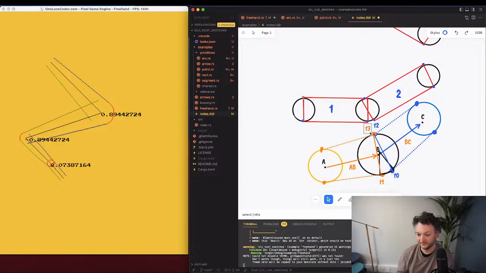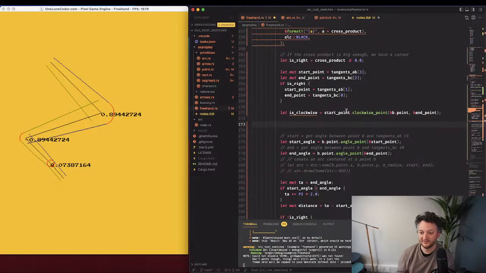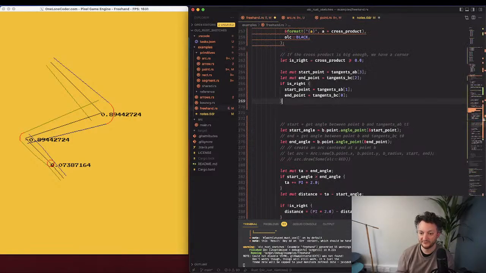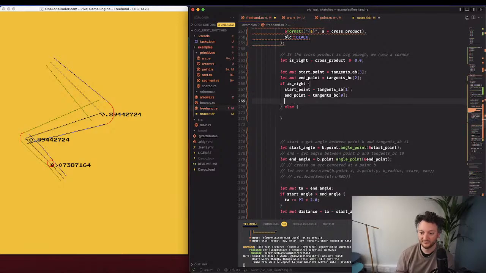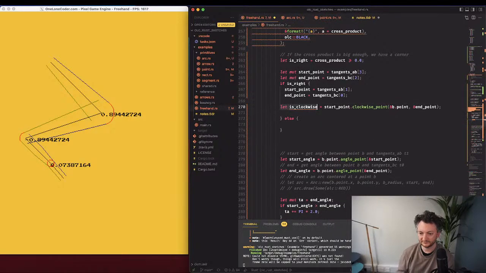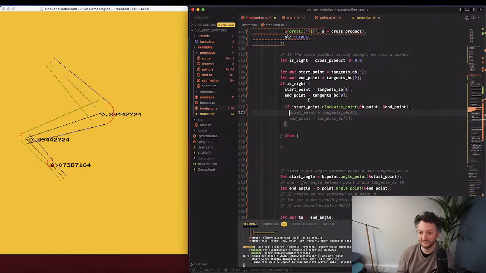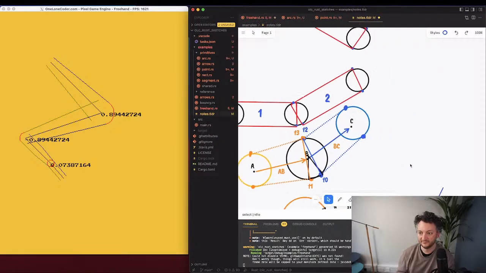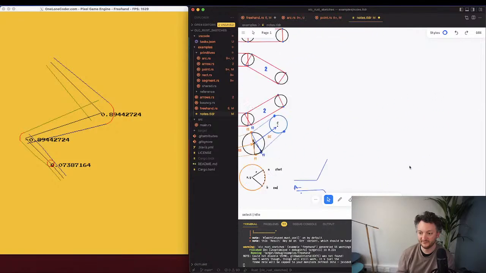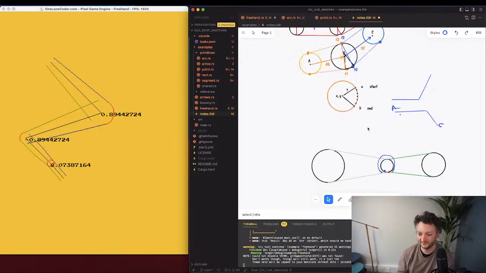If we're going right, we would expect it to be clockwise. So if we are right, then if we're not counterclockwise, then that means we're having one of these other situations like this, right?